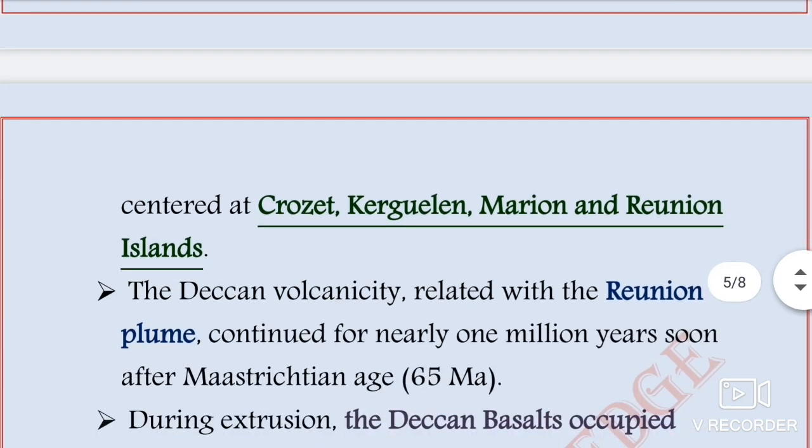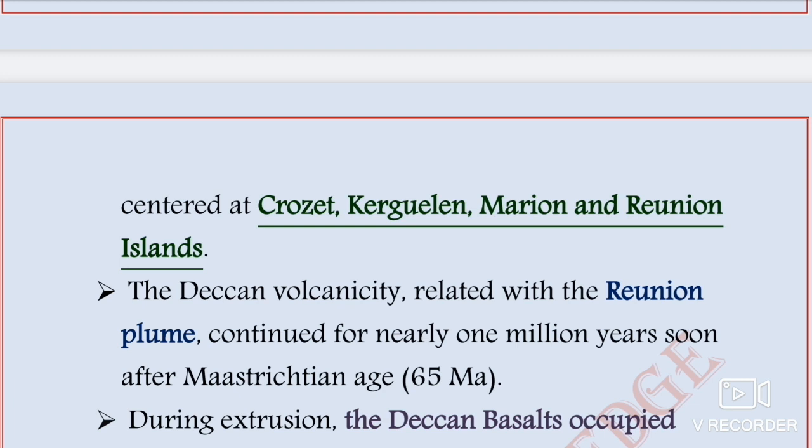And which are those plumes? Centered at Crozet, Kerguelen, Marion, and the Reunion Islands, or Reunion hotspots. So these are 4 famous hotspots, and the Deccan volcanicity is related to the Reunion plume.